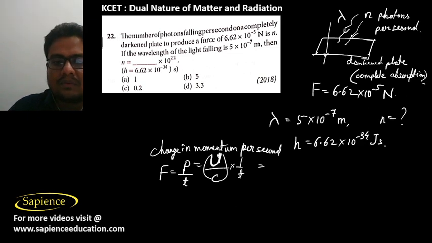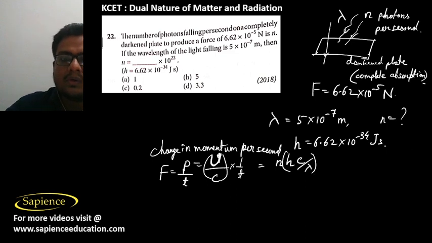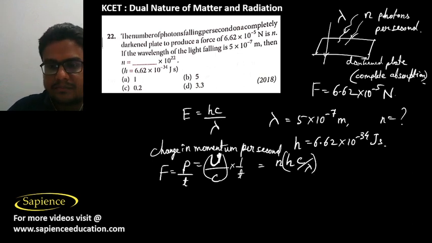So the number of photons which is falling per second, I can write that is n into hc by lambda. That hc by lambda is the energy of a single photon, divided by c.